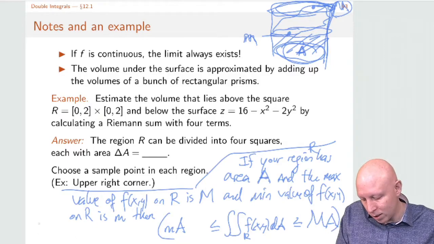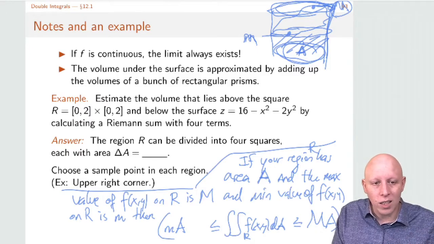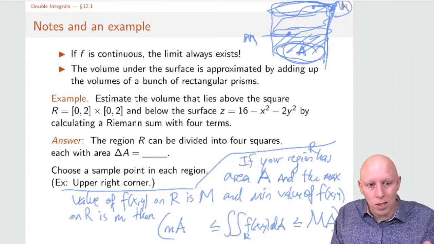It shows up in section 12.2, but I think it fits better here because it feels a lot like a Riemann sum with just one region instead of chopping it up into pieces.